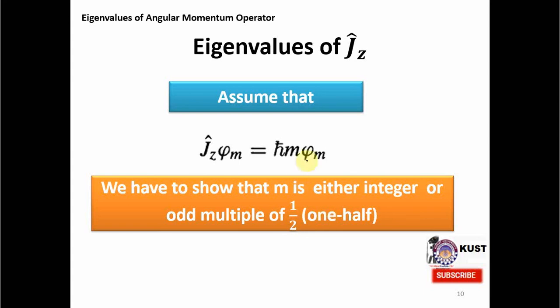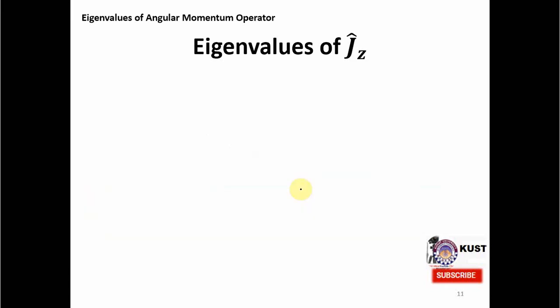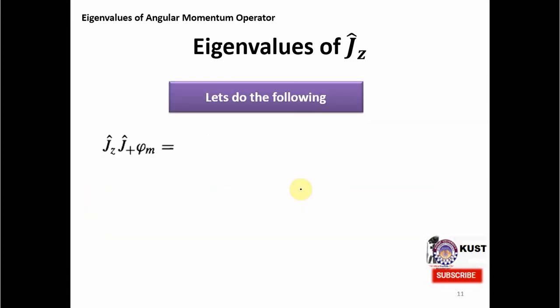Because these m eigenvalues can be either an integral multiple or a half integral multiple, depending on the particle. So we want to show that this m is an integer or half integer, and these both cases will give us the spin properties of different particles.